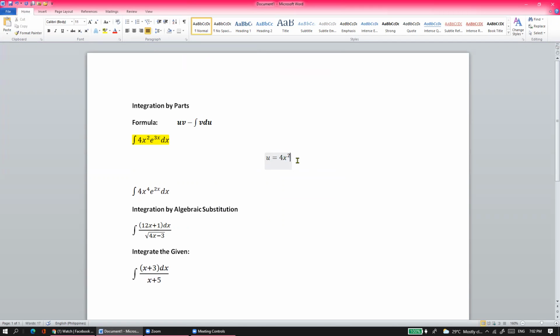So after having the value for u, ang susunod na hakbang naman natin ay pipiliin natin kung alin ba dito ang ating dv. Okay, ang ating dv. So we have to choose kung alin ba dito ang ating dv. Ang dv natin is actually yung e to the 3x dx.